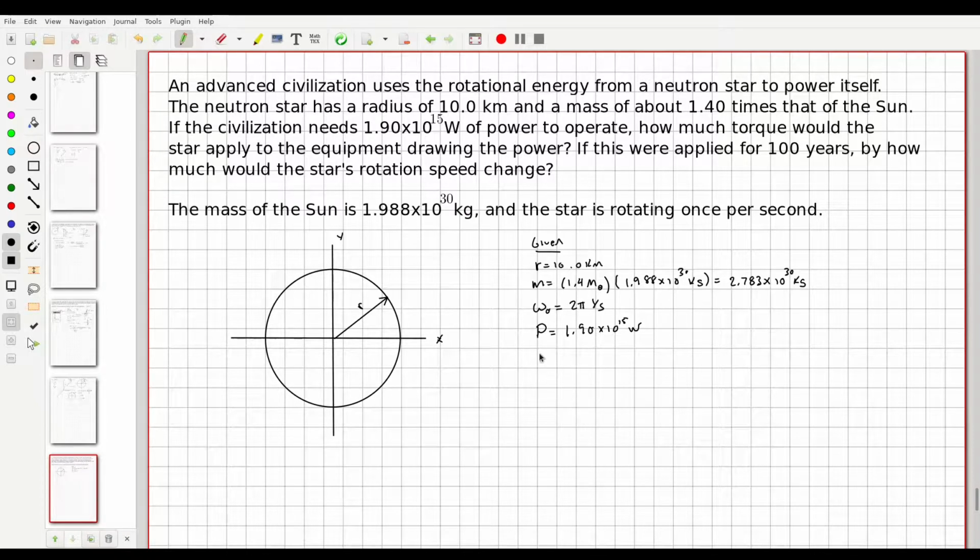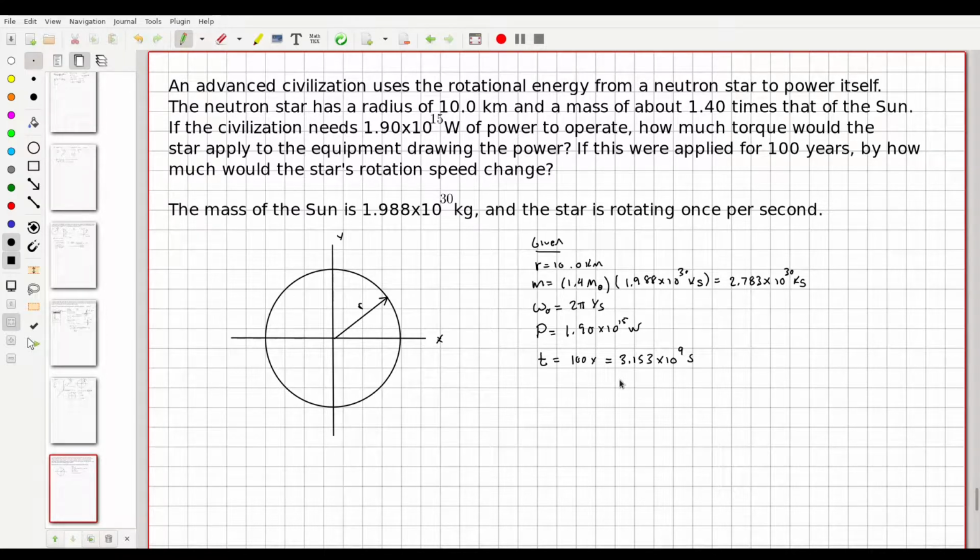We're also interested in finding out how much of a change in speed you would see if we did this for 100 years. Now, 100 years is about 3.153 times 10 to the 9th seconds.